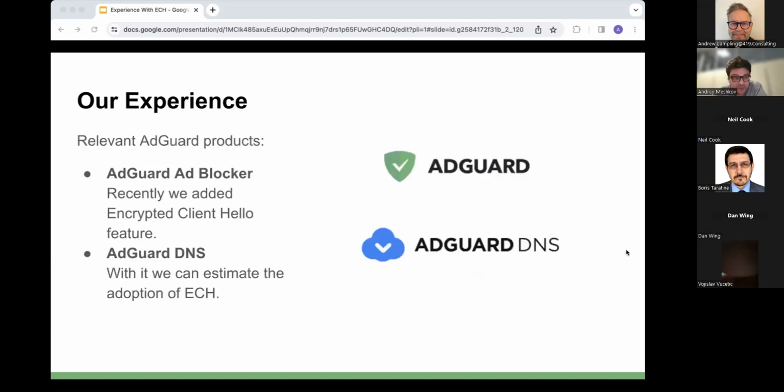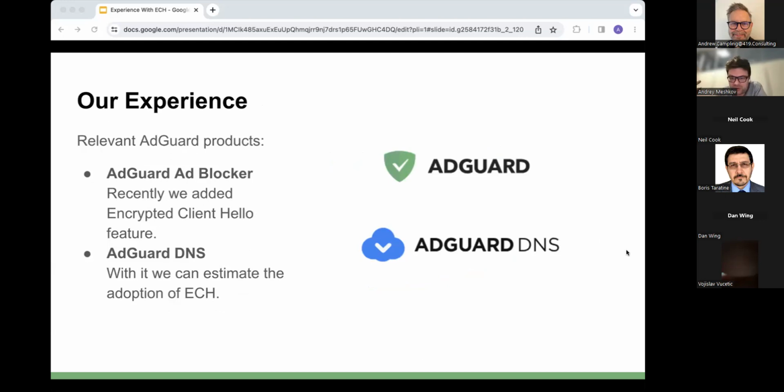Finally, to our experience. So AdGuard develops several products, and for my talk today, the important ones are AdGuard Ad Blocker, which is a network level content blocker that filters HTTPS, DNS, etc., and blocks ads and tracking system wide.